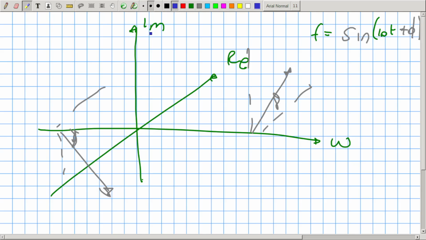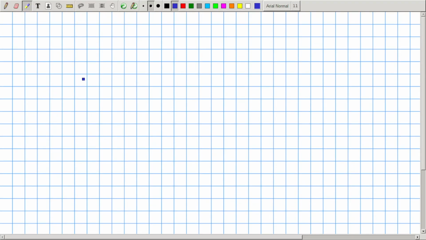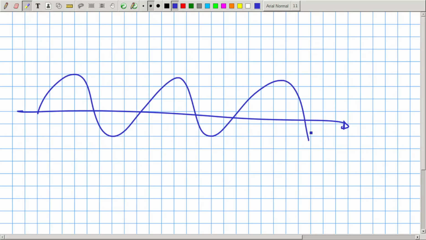So, if this is my cosine and this is my f, whenever I multiply the two of them, I get cosine squared. True? If my f is not anymore cosine, but is cosine plus a shift, it's going to be something that looks like this one.